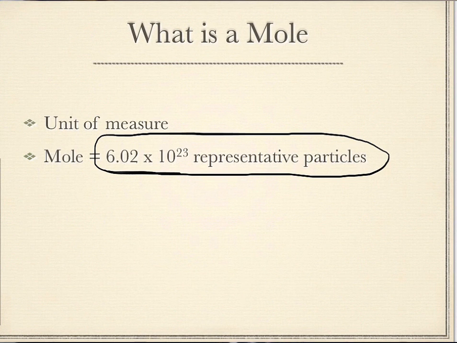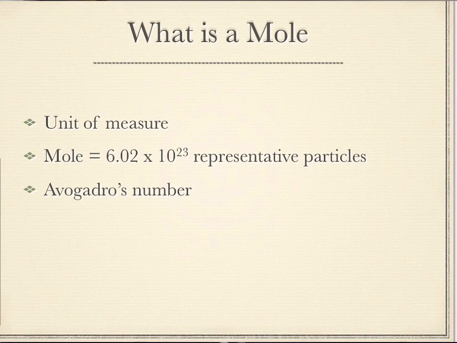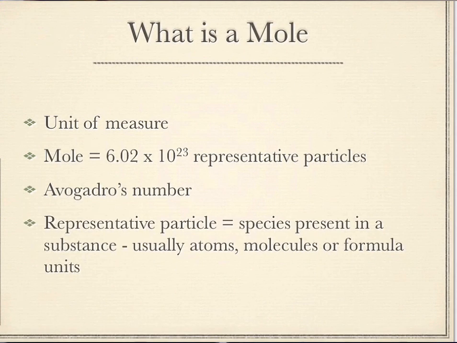So know that number. It is sometimes known as Avogadro's number, since he's the one who came up with the number. And there's something that you need to understand, the idea of a representative particle. A representative particle is the species present in a substance.